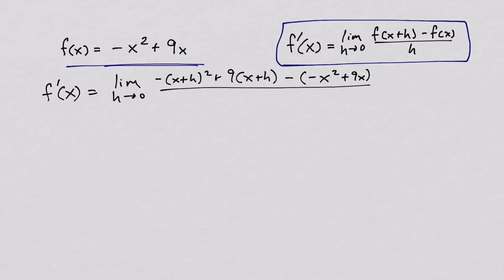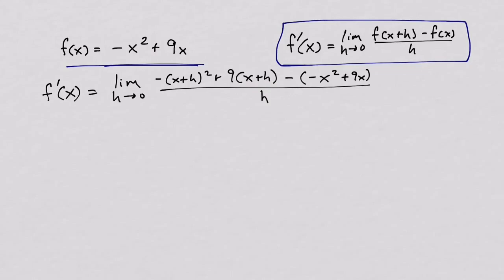And what we'll see with a polynomial function like this, we can expand the numerator in a way that lets us cancel out the h in the denominator. Because right now that h in the denominator is causing a problem. I can't actually take the limit because I can't plug 0 in for h. I can't evaluate the limit algebraically at this point. But after we simplify the expression, we'll be able to do that.